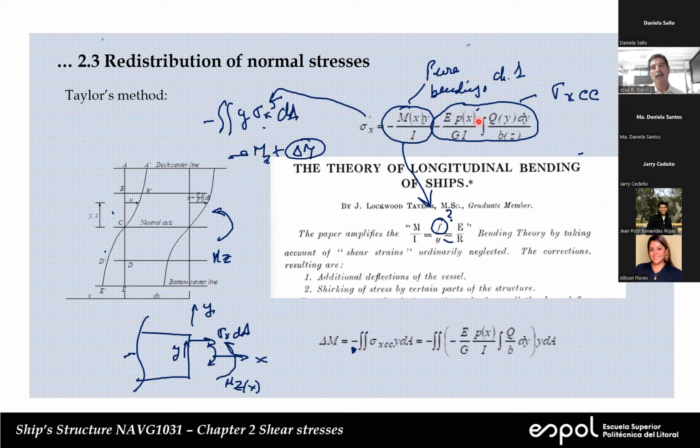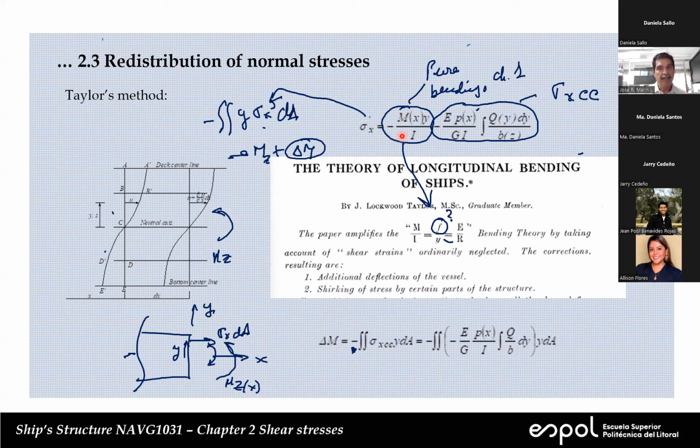Now, we have determined that if we integrate this, the net moment that we obtain is delta M. So what Taylor proposed, this is just by instinct, I would call it engineering instinct, was to apply a term similar to this one here.